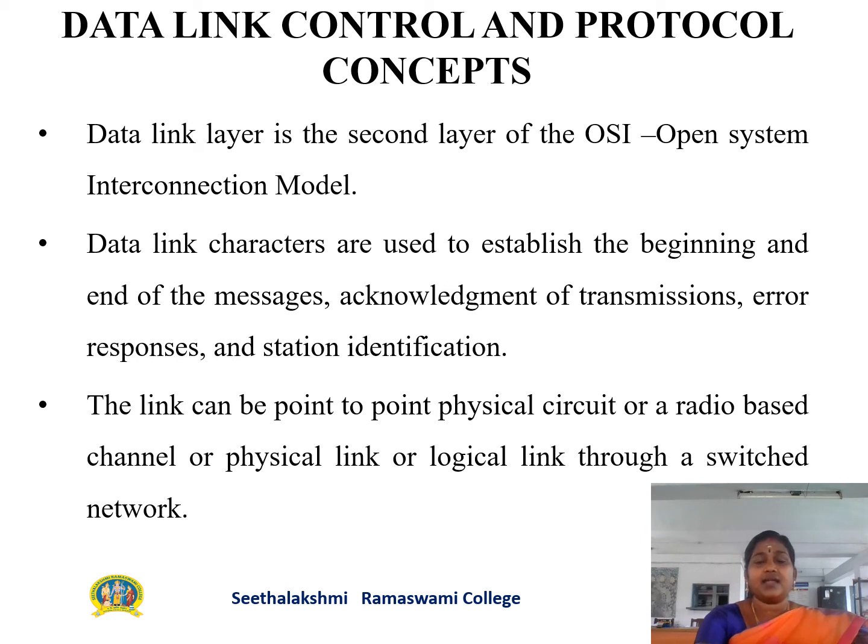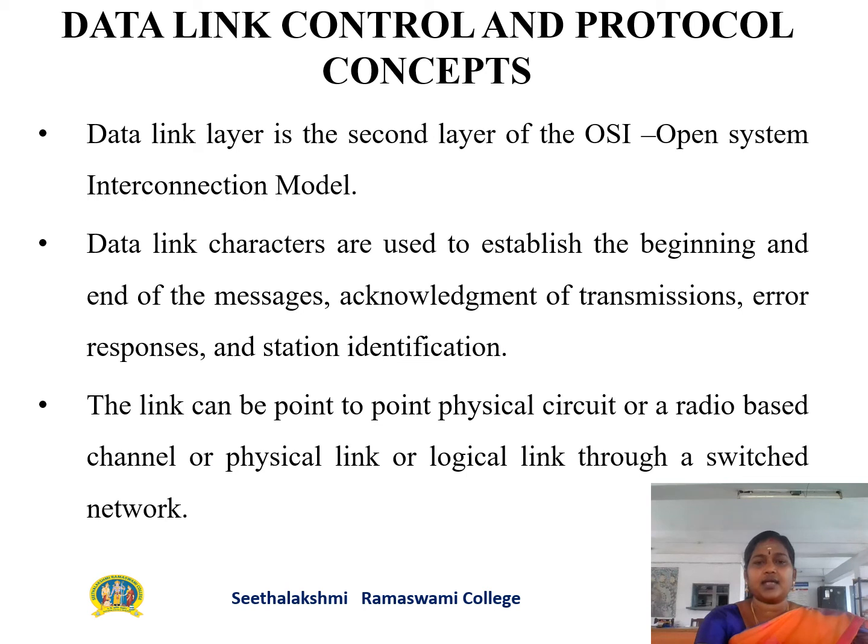The data link layer is the second layer of the OSI model, Open System Interconnection Model. Data link characters are used to establish the beginning and end of messages, acknowledgement of transmissions, error responses, and station identification.